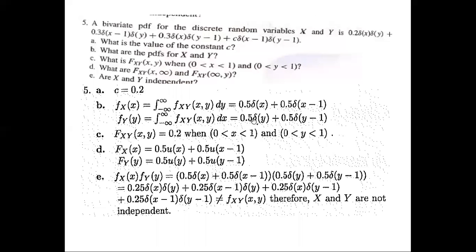But integrating the impulse function between 0 to y will give us the step function u(y). Integration over the whole interval of delta(y) will be 1, but integration only over some range will give us the unit step function.